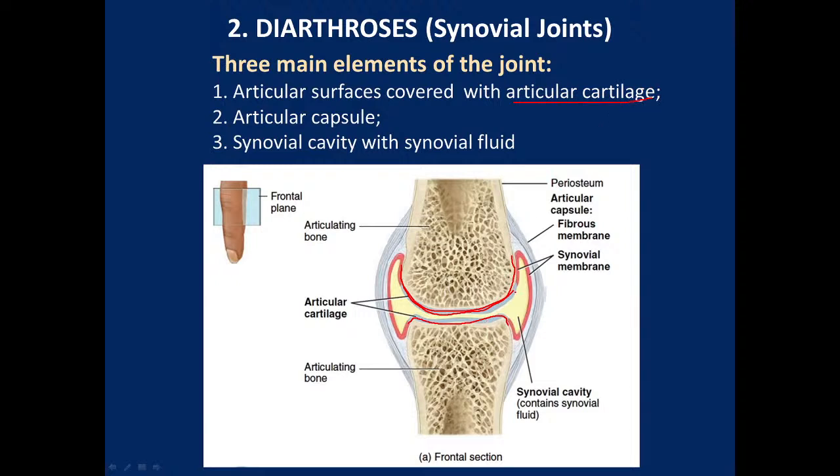This is a cartilaginous tissue, and usually it is hyaline with a very smooth surface.